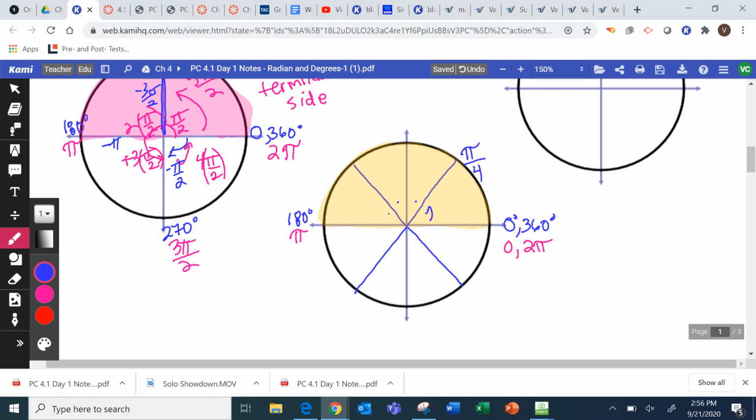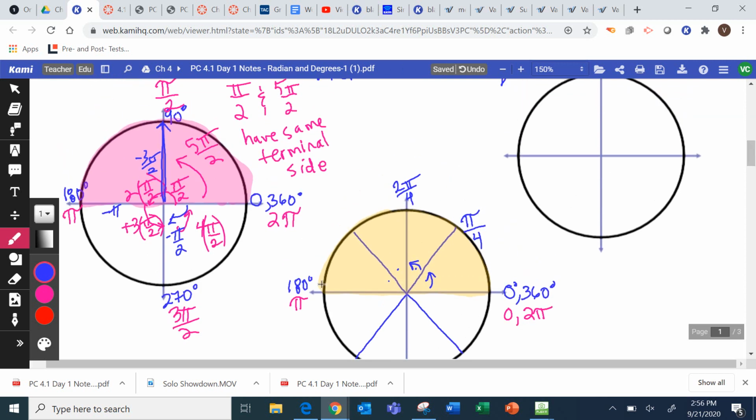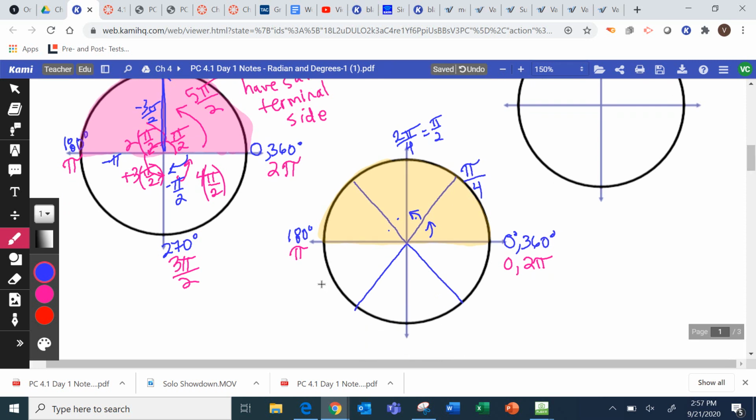So we've got 1 pi over 4. The next one is going to be 2 pi over 4. However, this one I've already named in the previous pink circle as pi over 2 because it does reduce to pi over 2. Then we've got another one, 3 pi over 4.